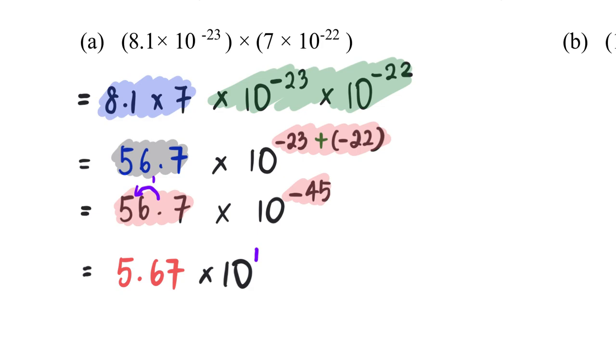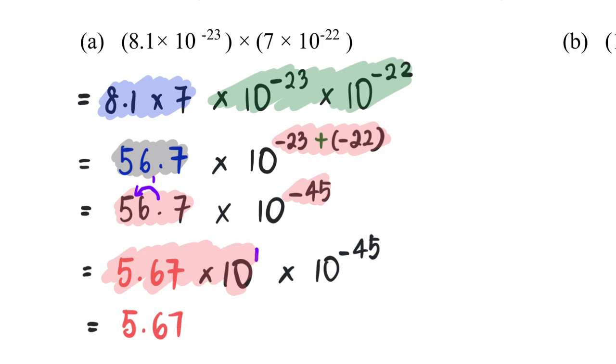And therefore, you will see Mr. Tan here writing this down. So this part here is in standard form already. And finally, that's the final answer. 5.67 times 10 to the power of 1 plus negative 45.